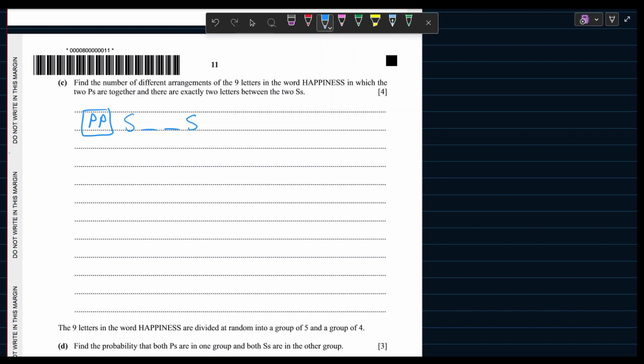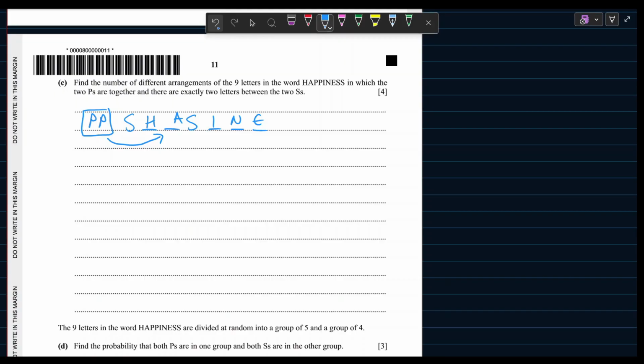So 1, 2, 3, 4, 5, 6, 7, 8, 9 letters. All right. So that's going to be our H, our A, our I, N, E. All right. So for this first scenario, we want to prevent our P block from going in between the 2 S's.